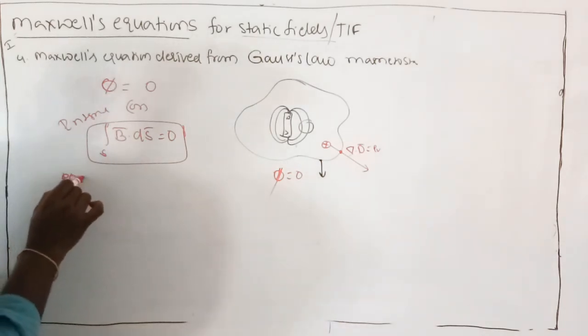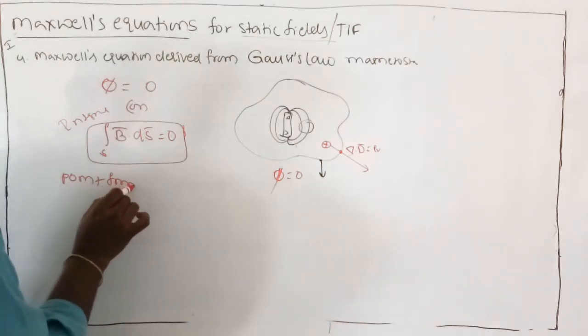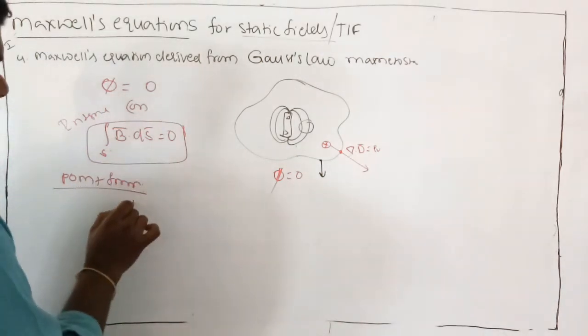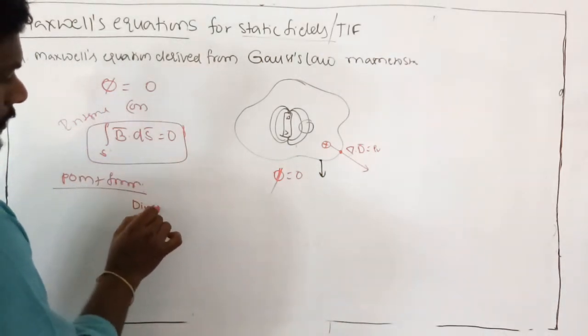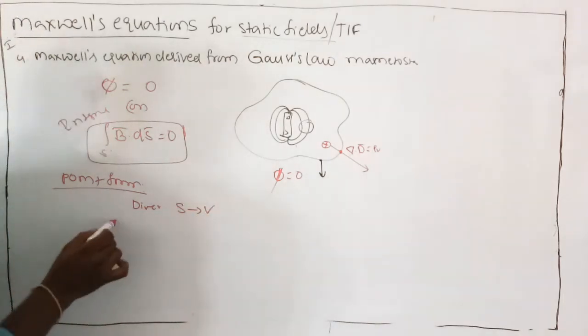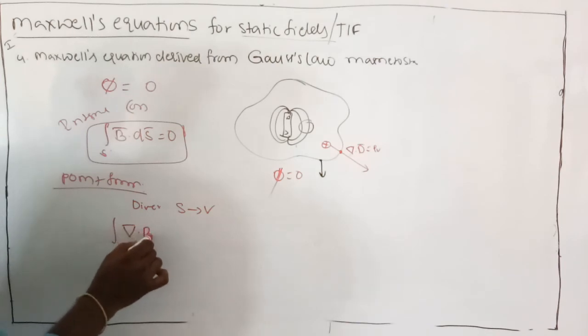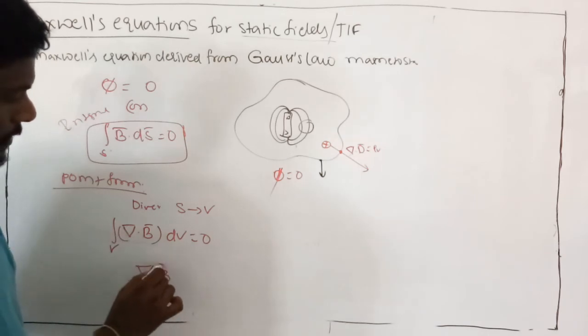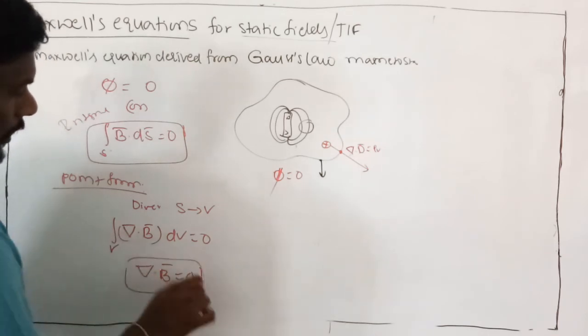Similarly, the point form: use the divergence theorem. If you apply the divergence theorem, the surface integration can be converted into volume integration, so that will be del dot B bar dV is equal to 0. So del dot B bar is equal to 0. This is the point form.